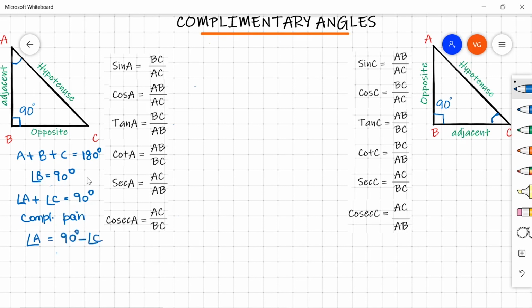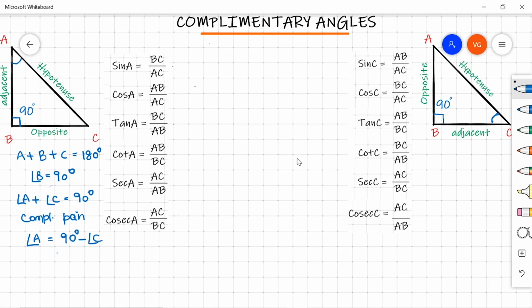So if you consider the first set of equations and second set of equations, I am going to bring out the relationship between this first set and second set so that we can deduce the complementary pairs. So in place of angle A in the first set, I can replace it with 90 minus C. See, wherever angle A is there, I can replace with 90 minus C. So see here how I am writing.